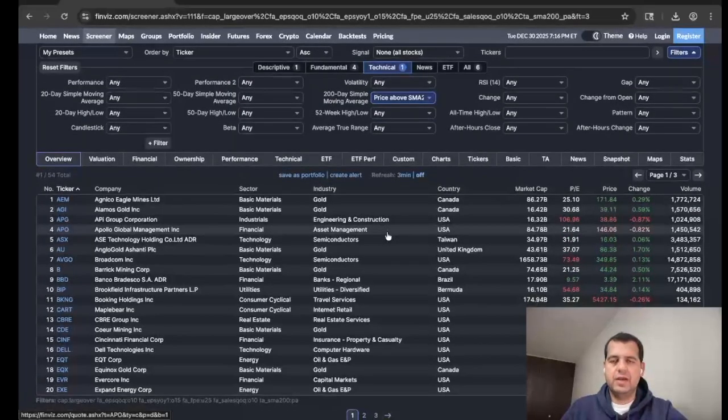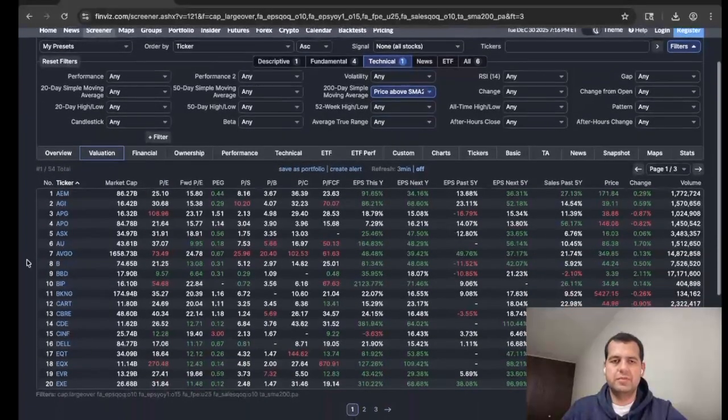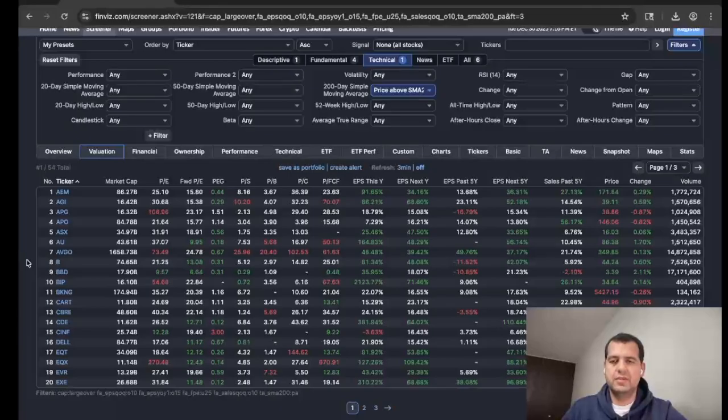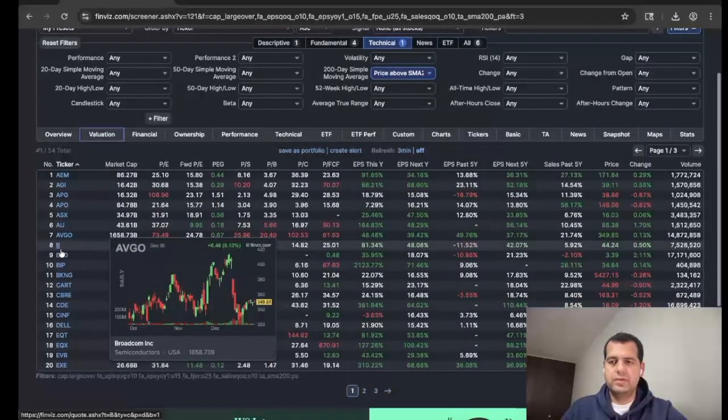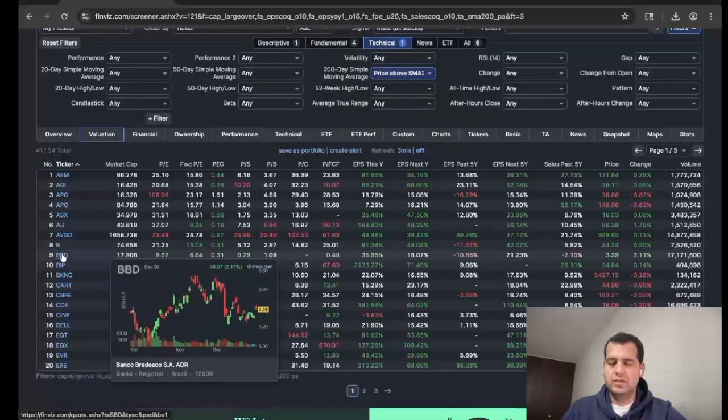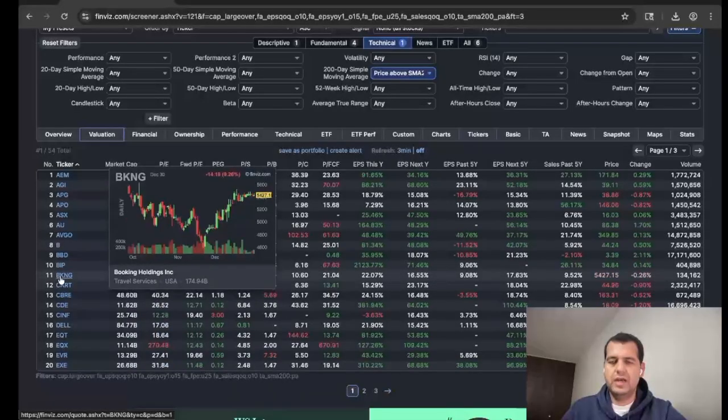So for the next step, I go to this valuation tab, and you can see here several other parameters. I like to look at these stocks one by one. For the purpose of today's video, I'm going to only find some of the stocks that I am already familiar with.